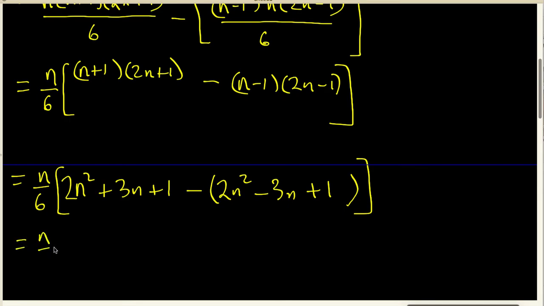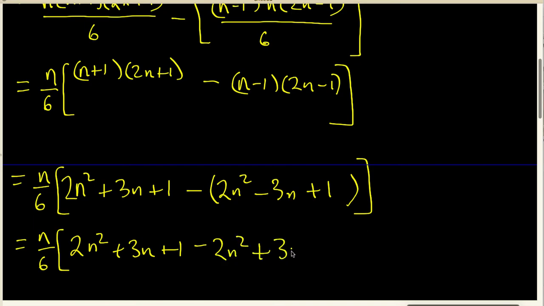Now I've got n over 6 times. And now I'm going to distribute this minus sign out over all three of those terms. So we have 2n squared plus 3n plus 1 minus 2n squared minus a minus 3n minus a 1. And notice the 2n squared and the minus 2n squared cancel each other out because they add to 0. We have a plus 1 and a minus 1, and they add together to be a 0.